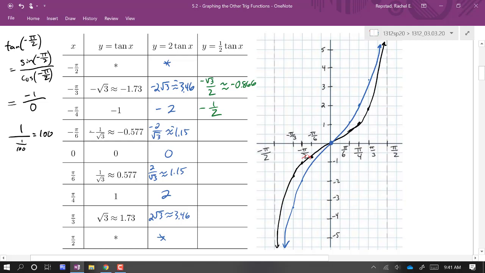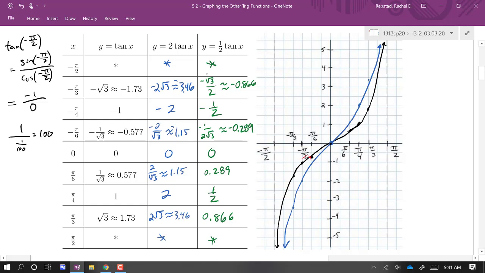Negative 1 over 2 root 3, which is about negative 0.289. Of course, 1/2 of 0 is still 0. And then we have the same values reflected in the positive. So approximately 0.289, and then 1/2, and then approximately 0.866. And then we still have the asymptotes.